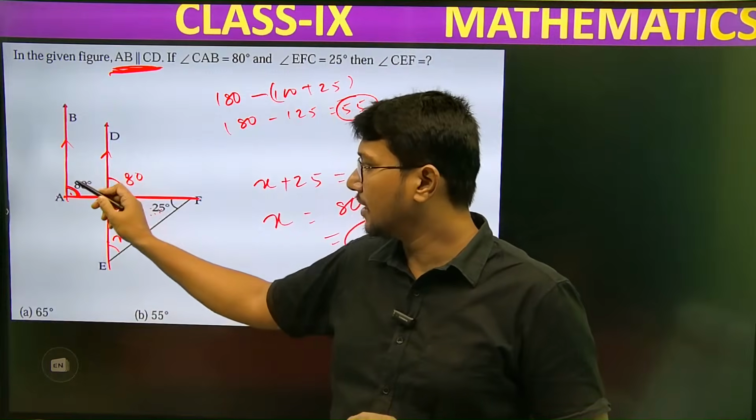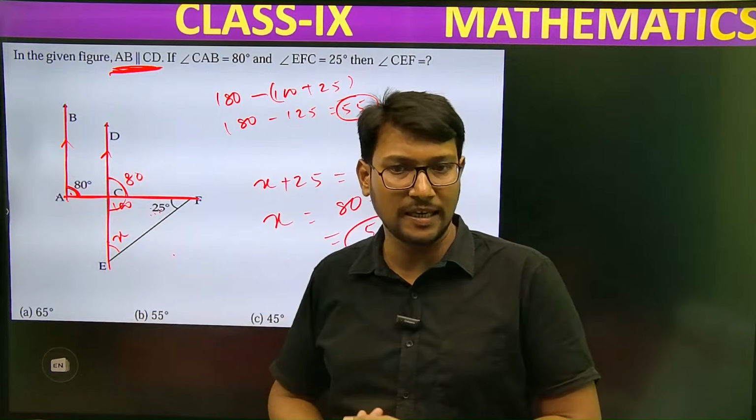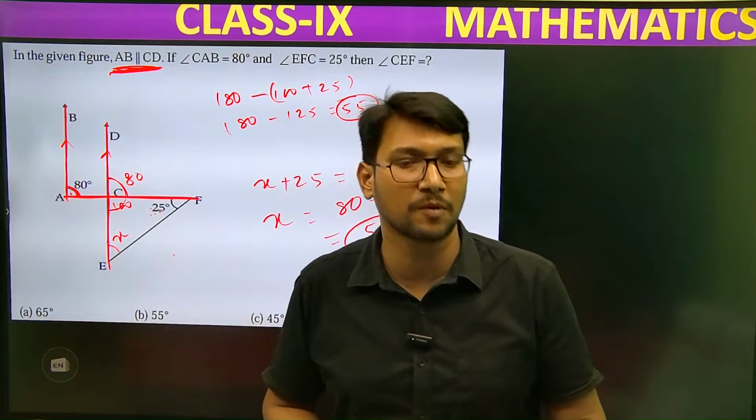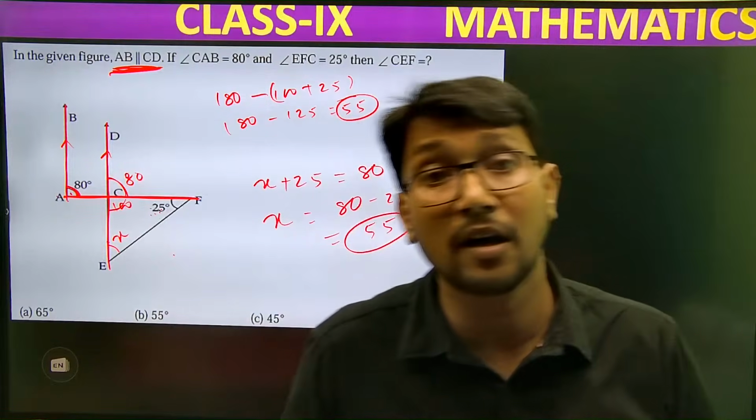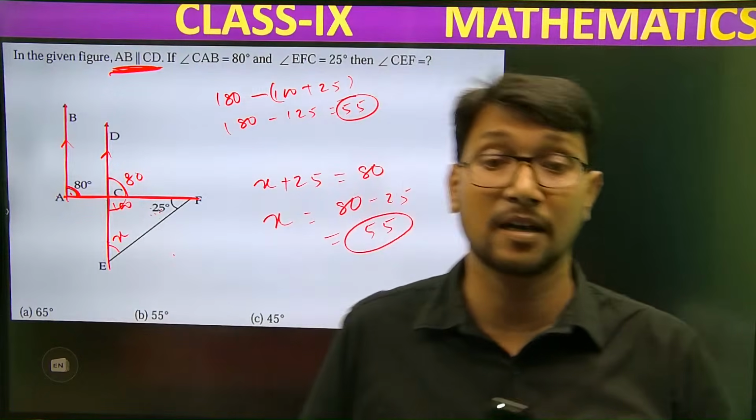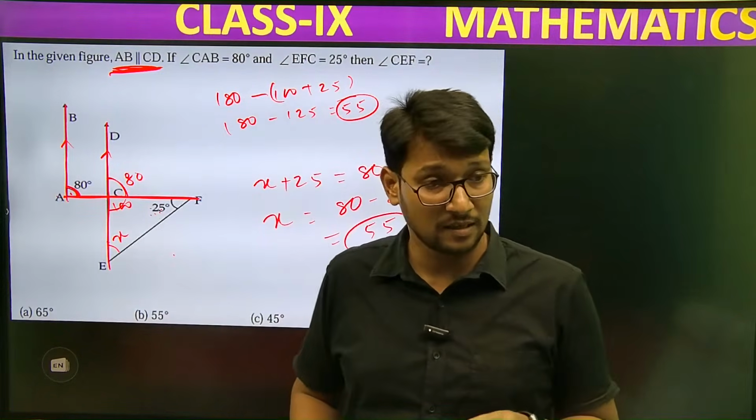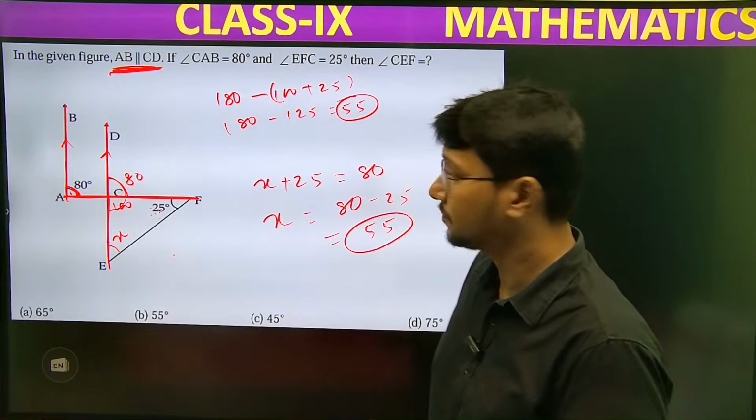This question is based on first the parallel line property, and second the triangle property, either the angle sum property or the exterior angle property. Understood, write it.